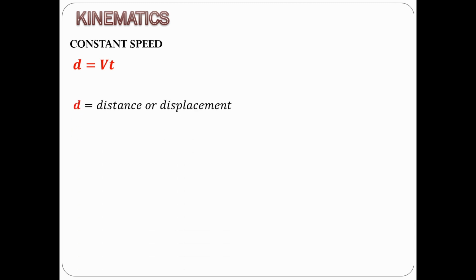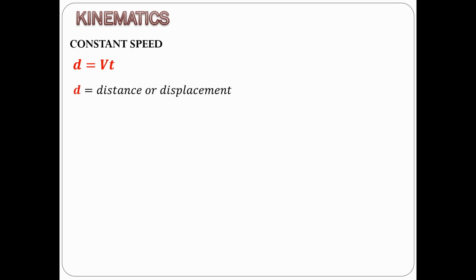Now let's discuss some formulas that you need to be familiar with. When an object is moving at constant speed, the formula that you need is d = vt. In this equation, d represents distance or displacement depending on the problem, v will be used as speed or velocity, and t is time.